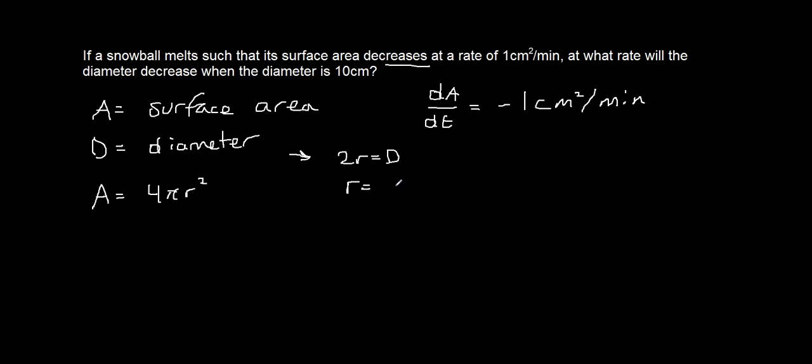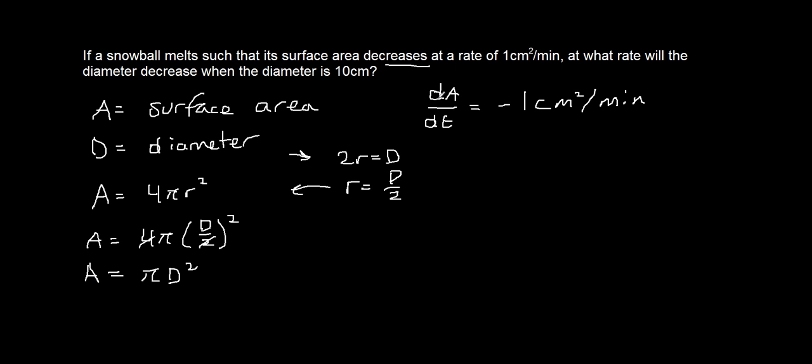So the radius equals the diameter over 2, which we can plug back in. Area equals 4 pi, r equals diameter over 2, squared, and that equals diameter squared over 4, so the 4s cancel. You get pi times the diameter squared, and that's equal to your area.